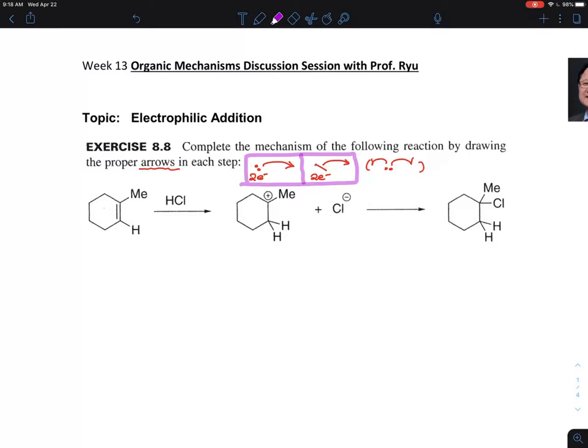So having said that, what I'm going to draw here is, okay, this one, H plus and Cl minus, they are dissociated. This electron in the pi bond will try to form a bond.